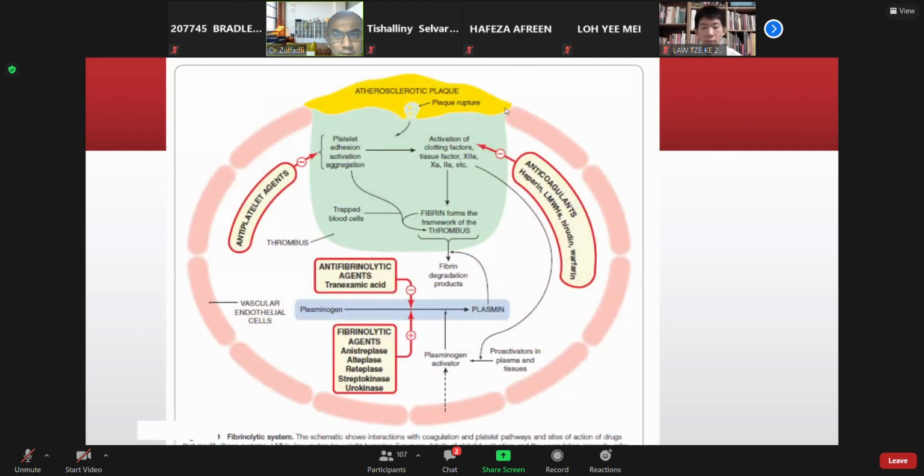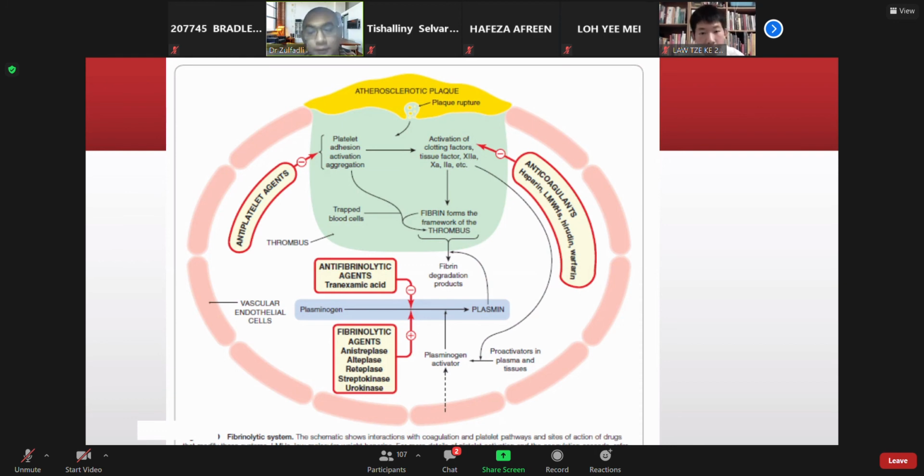And last but not least, this diagram shows you how the anticoagulants, antiplatelets, antifibrinolytic agents, and fibrinolytic agents work in the coagulation and also platelet pathway.